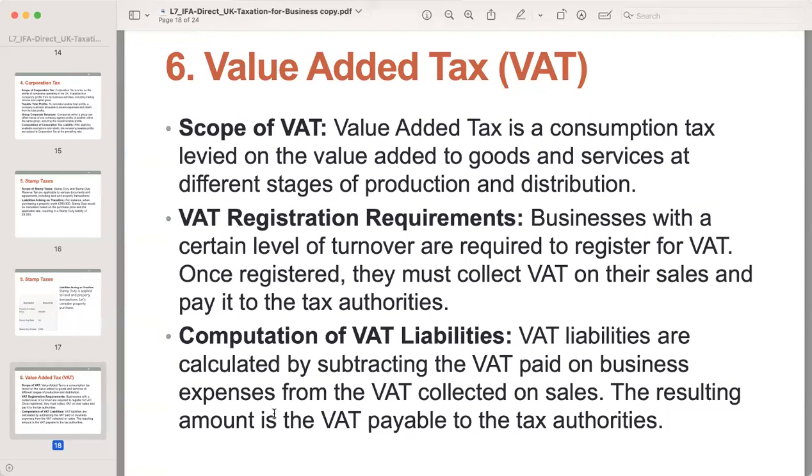If the VAT rate is 20%, then you collect 20 pounds as VAT. But hold on. If you spend money to make the things you sold, you can take away the VAT you paid on those costs from the VAT you collected. The difference is what you owe to the government.